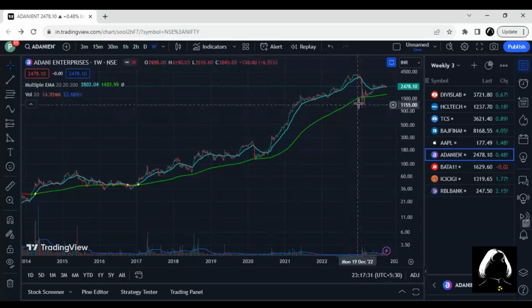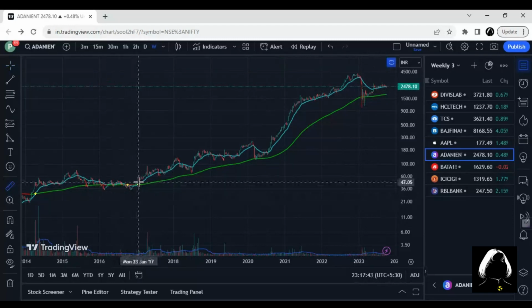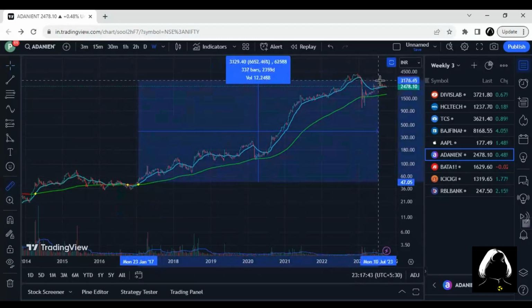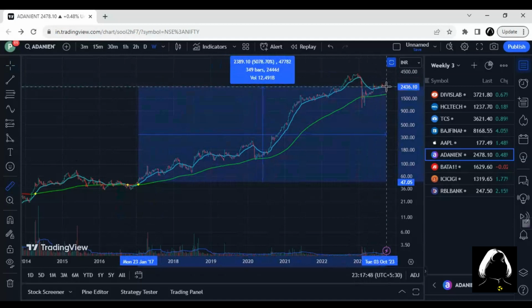And till now, even after a lot of allegations on the Adani group, we are not having a sell trigger yet. So if we calculate the return generated from the trigger, it is now around 5000%, and that too within a span of 6 years, sorry.